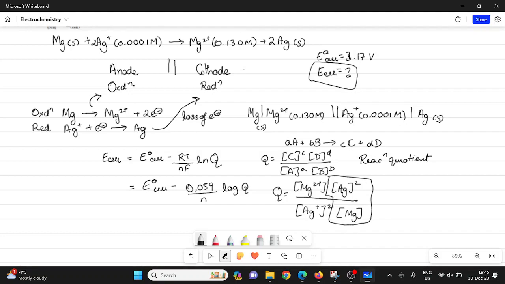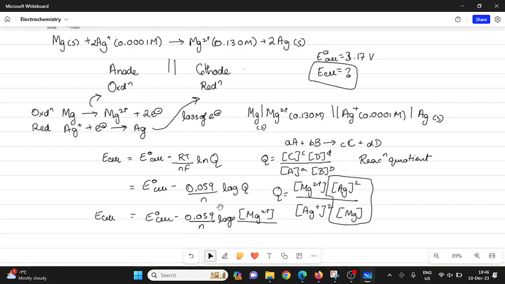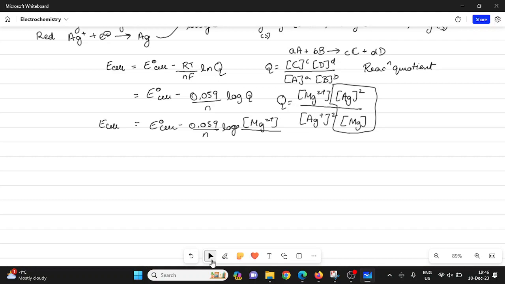So we can write the equation for the E cell for this reaction as E naught cell minus 0.059 divided by N log concentration of Mg2 plus divided by concentration of Ag plus the whole square.